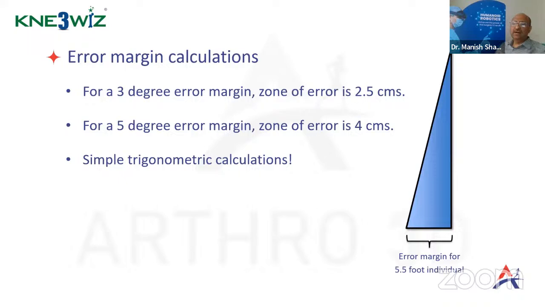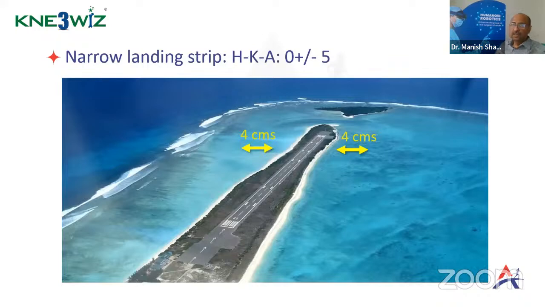For a 5.5 feet individual, a 3 degree error margin would reflect to a 2.5 centimeter zone of error and a 5 degree zone of 4 centimeters. A narrow landing strip.